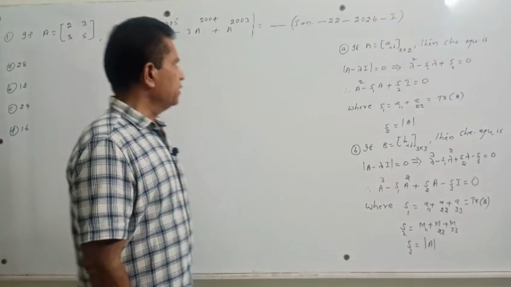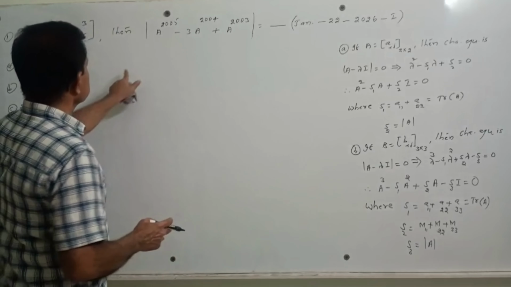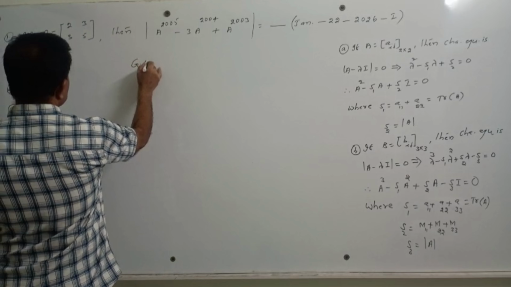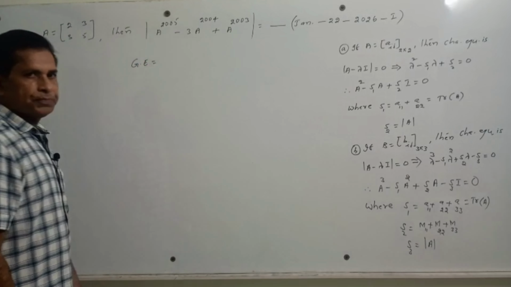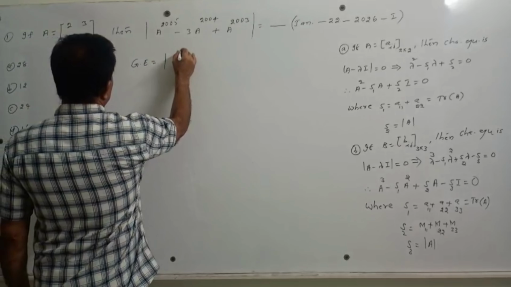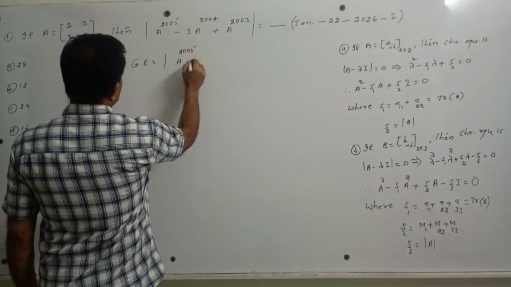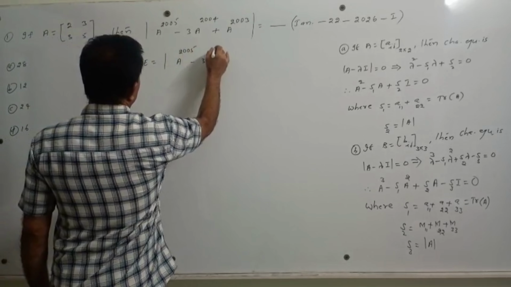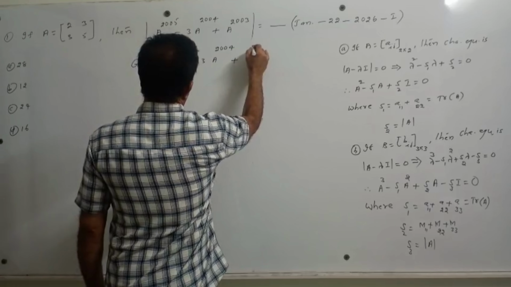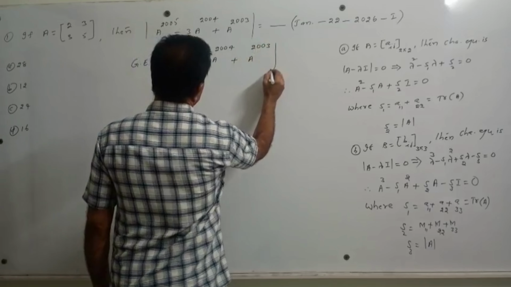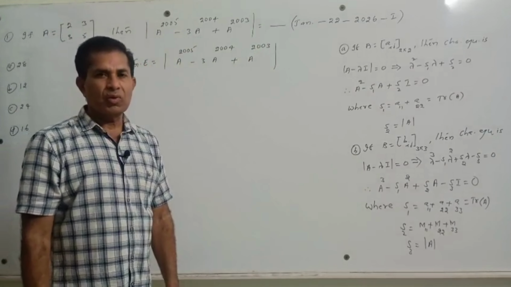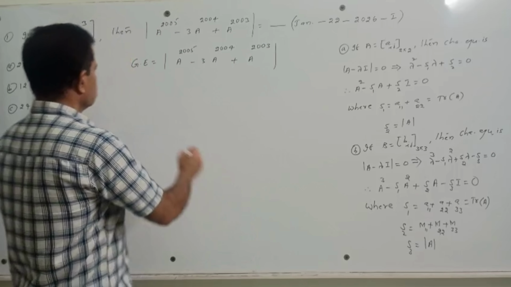Now let us calculate value of the determinant. The given determinant is represented with GE, given expression. So this is equal to determinant of A to the power of 2005 minus 3 into A to the power of 2004 plus A to the power of 2003. So clearly you can see A to the power of 2003 is common.